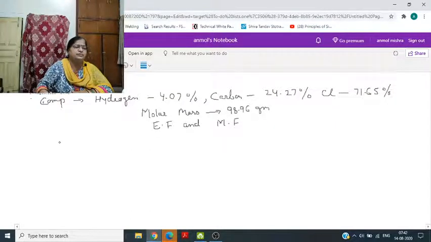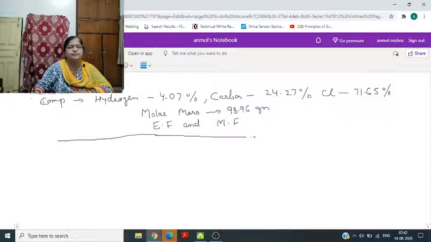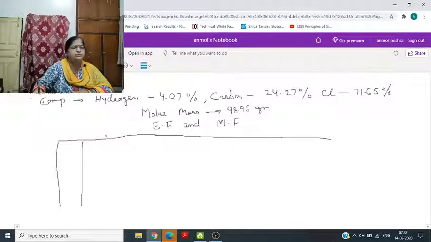So again we'll draw the table as we have drawn in the previous video. The lines are not straight, but I am trying to draw it.